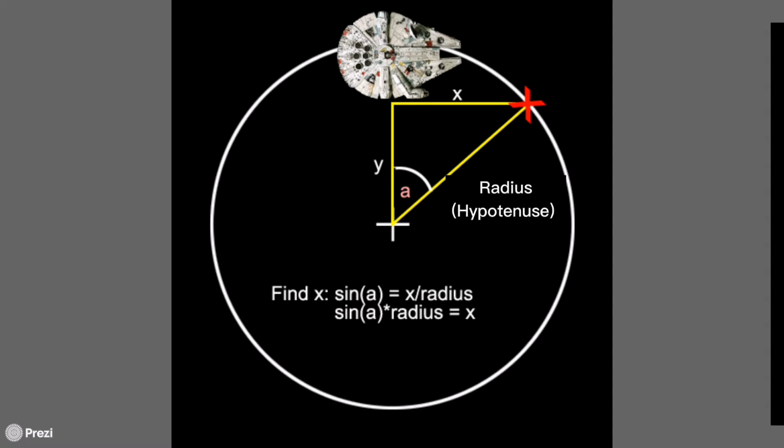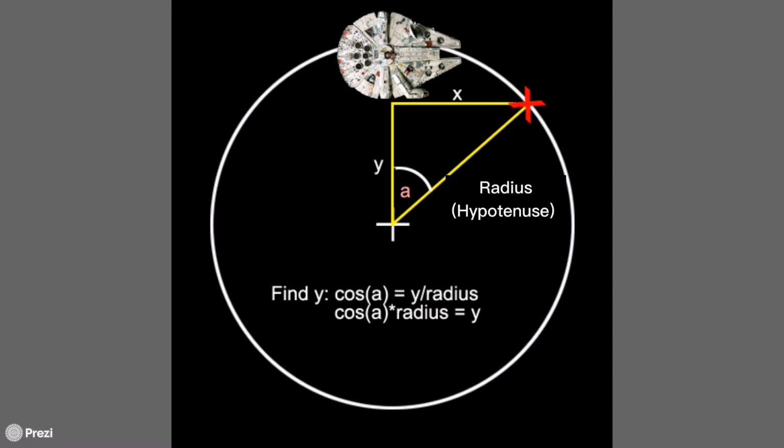So to find x, we can use the trigonometric ratio for sine, which is sine A equals the opposite side over the hypotenuse. In this case, the opposite side is x and the hypotenuse is obviously the radius, as given in the illustration.